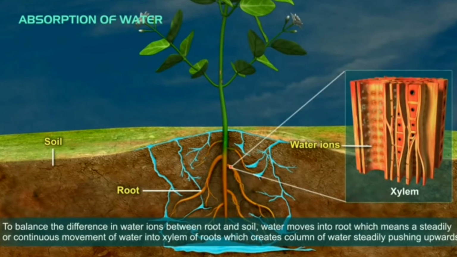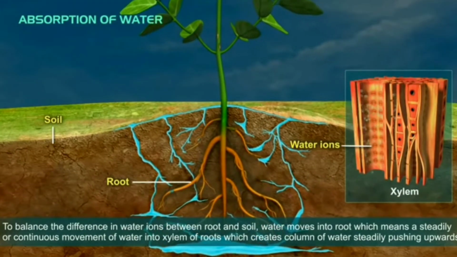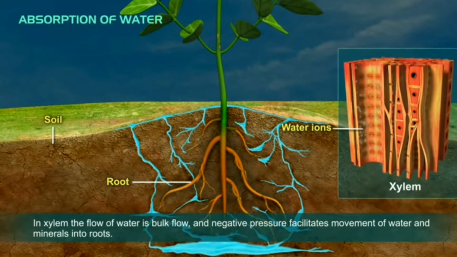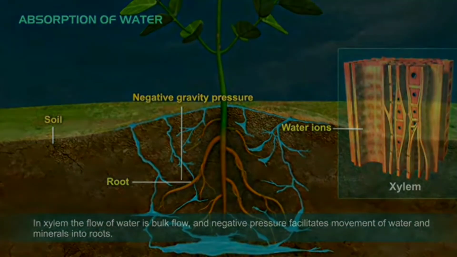To balance the difference in water ions between roots and soil, water moves into the roots, which means a steady or continuous movement of water into the xylem of roots, which creates a column of water steadily pushing upwards. In xylem, the flow of water is bulk flow and the negative pressure facilitates movement of water and minerals into roots.